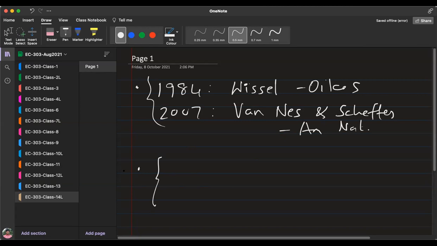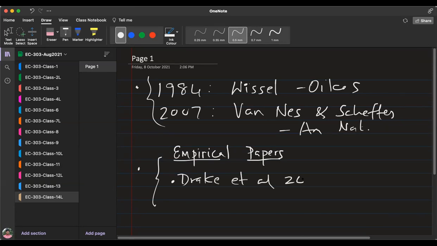Both of these are mostly theoretical work. Now there is another set of papers, which are empirical papers that test the idea of early warning signals in biological systems. There is a paper by Drake et al. in 2010, where they used Daphnia as a model system in their experiments.